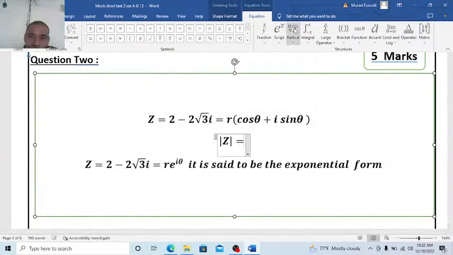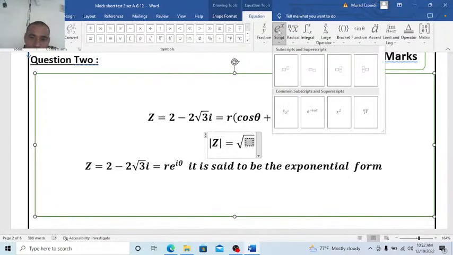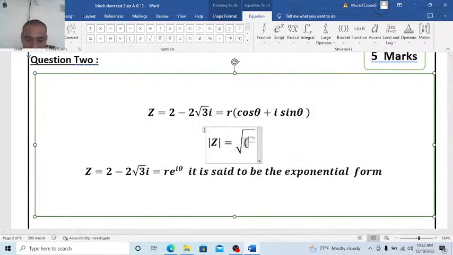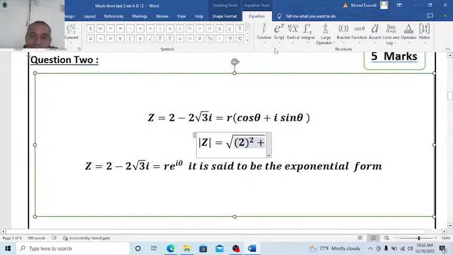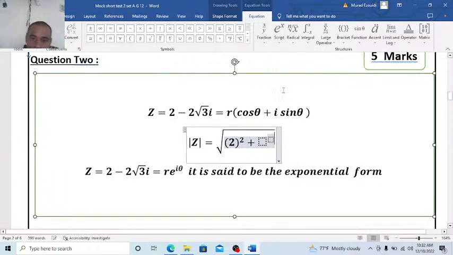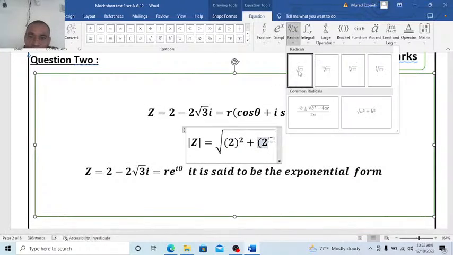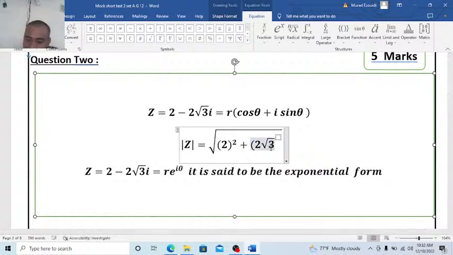I will use the symbol of square root like that. Then I'm going to insert the symbol of exponent. I will write here between parentheses 2 squared, to the power 2, plus, learners, minus 2 root of 3, then close the parentheses and raise this to the power 2.